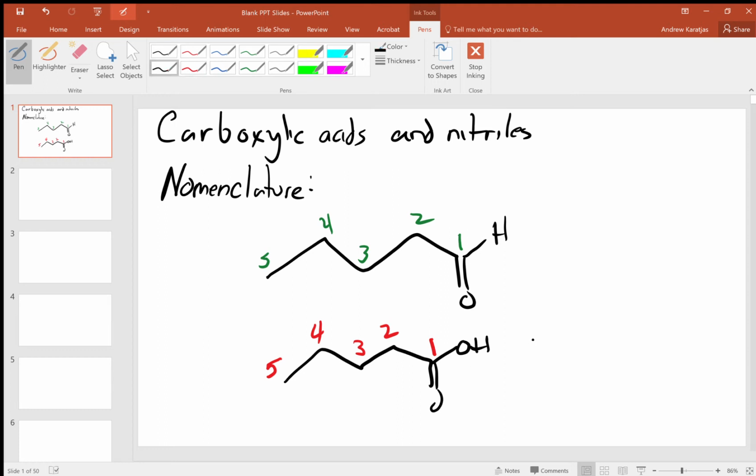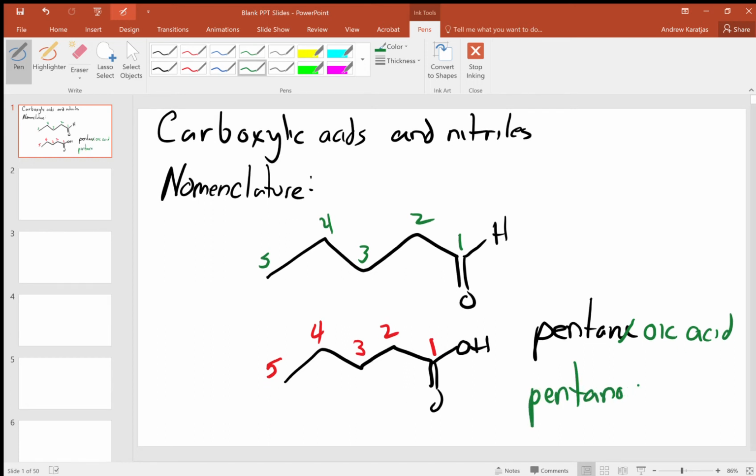And so the ending for a carboxylic acid: this molecule is 5 carbons, which we know is pentane. In order to show that it's a carboxylic acid, we remove the E and add oic acid to it. So this would be pentanoic acid.